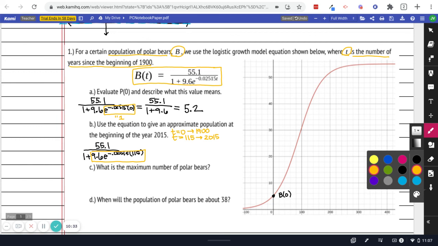So let's see. I'm going to write that down just so I don't lose track. I'm going to get about 35.95, so I'm going to say about 36 bears.